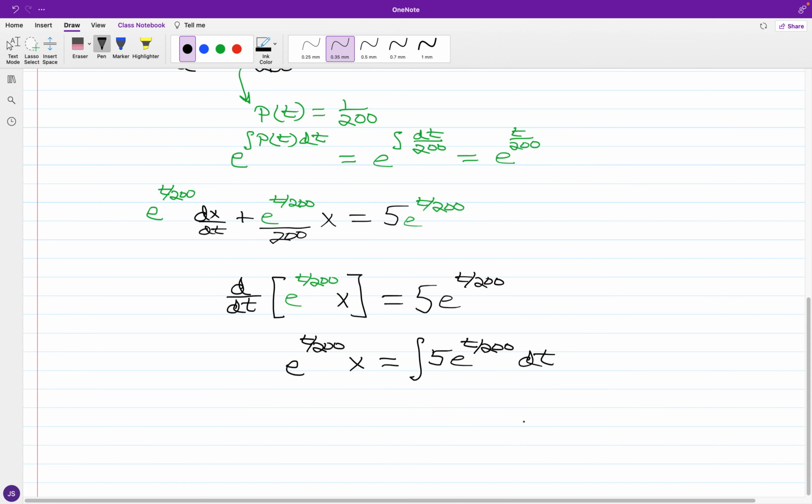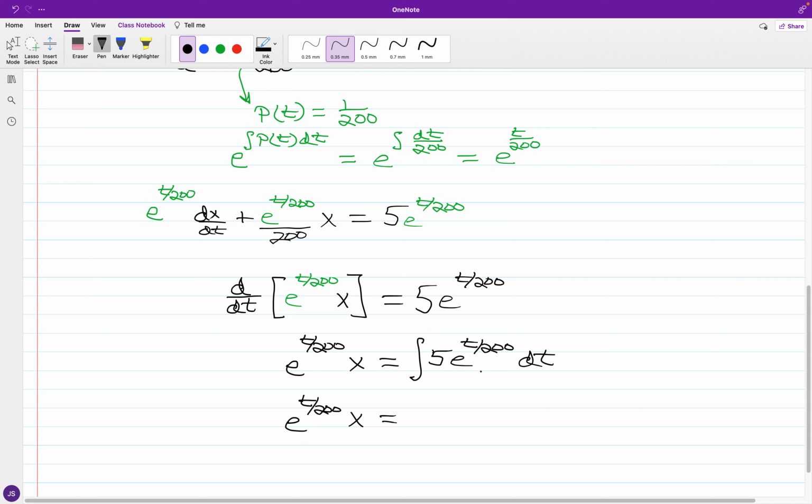Right. So at this juncture, you got e to the t over 200 times x, and integrating with respect to dt, or the variable t, you have e to the t over 200.